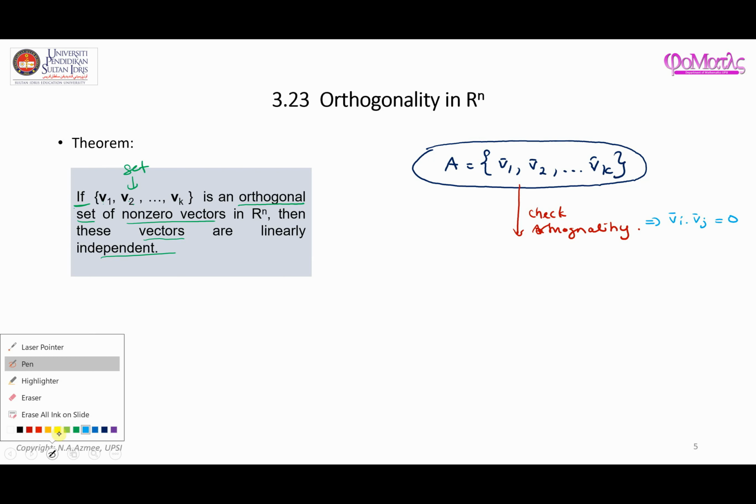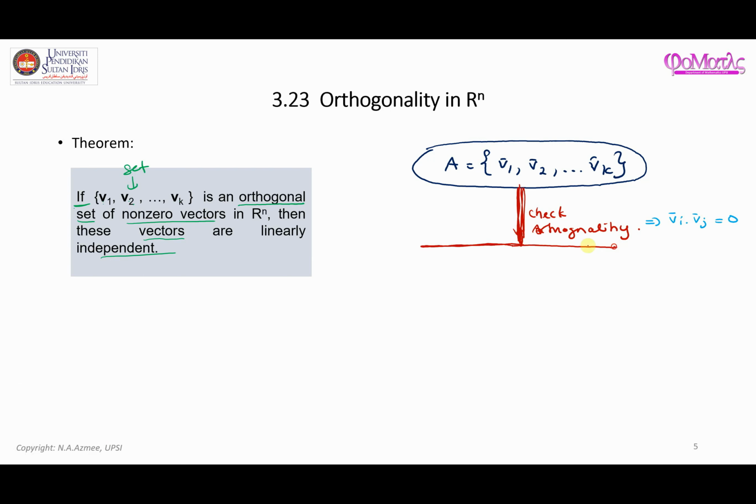Now, once you have checked for orthogonality, there will be two possible results. So maybe what I can write down here is: is it orthogonal? If it is orthogonal, all the possible pairs here have to be 0 when you consider the dot product.